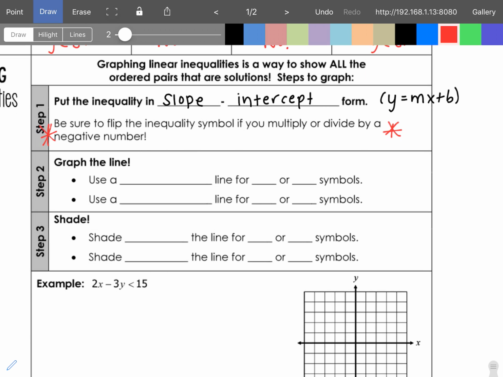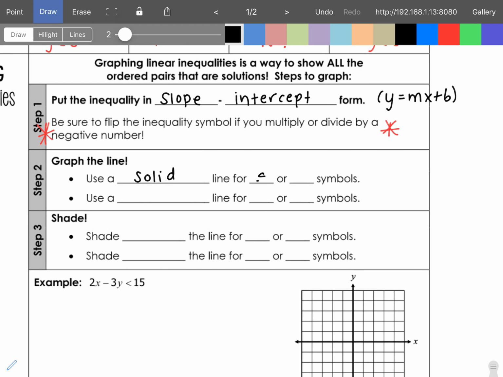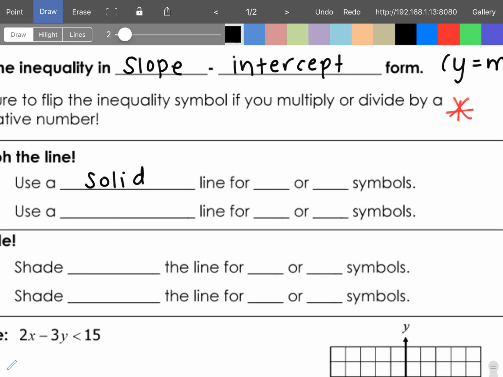Then step 2 is graph the line, just like you usually do. You're going to start with the y-intercept, and then you're going to do rise over run, just like you would normally. But this time you're going to use a solid line if you have this symbol or this symbol, and you're going to have a dotted or dashed line if you have this symbol or this symbol.